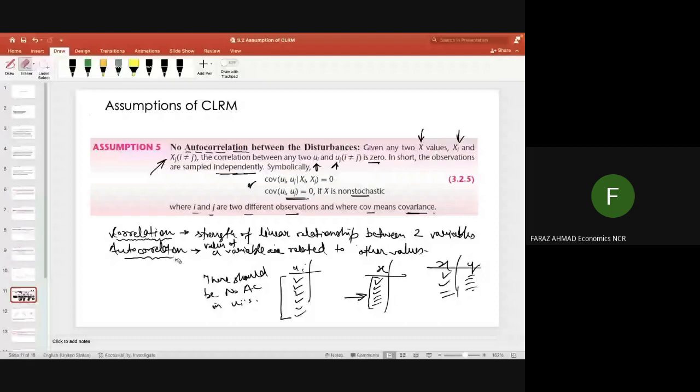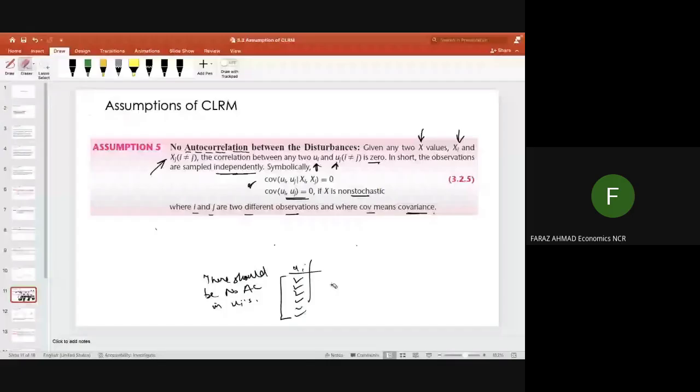So again, what is the difference between correlation and autocorrelation? Okay. So let me give an example here in this particular frame of reference so that you understand both things together: what is being said in this assumption and what is the meaning of autocorrelation.